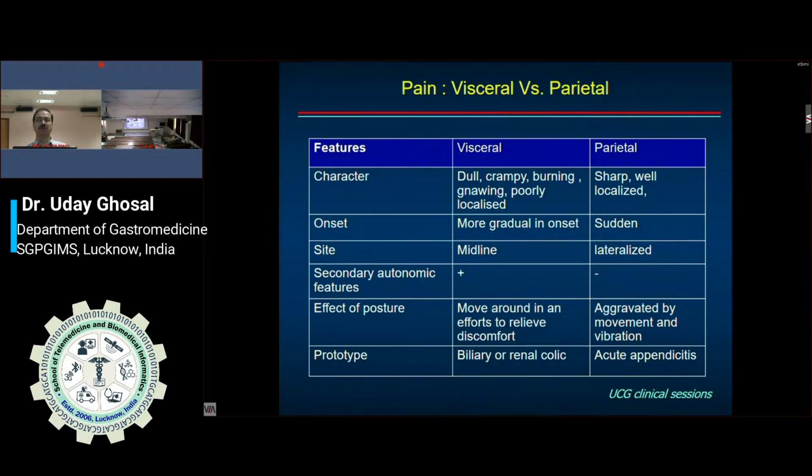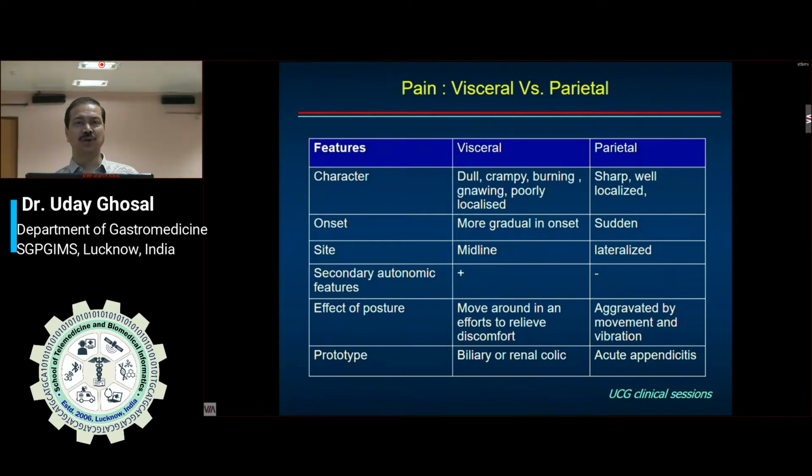On the other hand, parietal pain, like let us say the patient has acute appendicitis. There is an appendicolith. This is distending the appendix. Distension will lead to visceral pain. The patient will be sort of restless, rolling on bed.